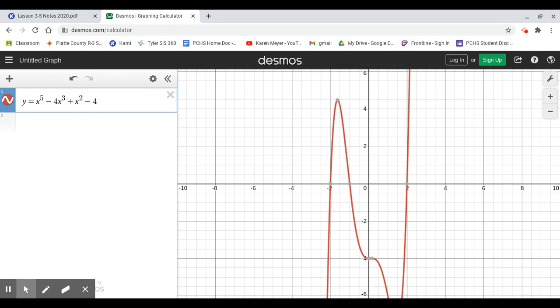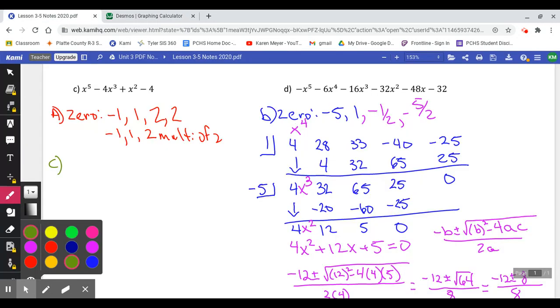Okay. So on this one, I got negative 2, negative 1, and positive 2 as my zeros. So zeros, I got negative 2, negative 1, positive 2.